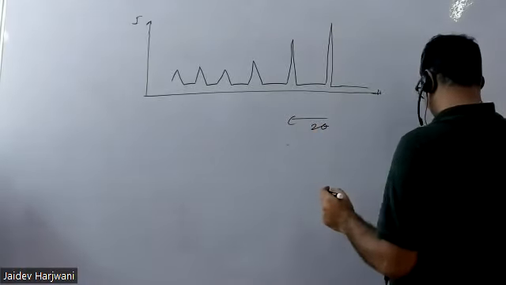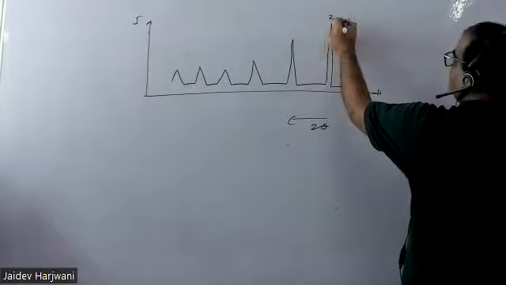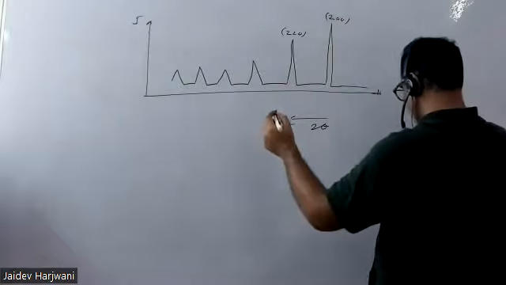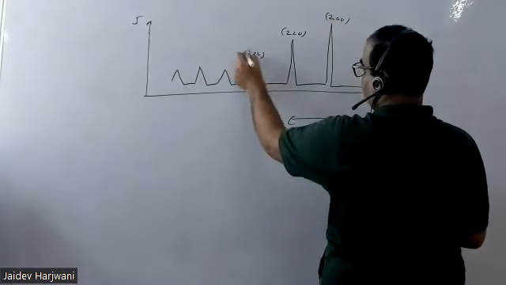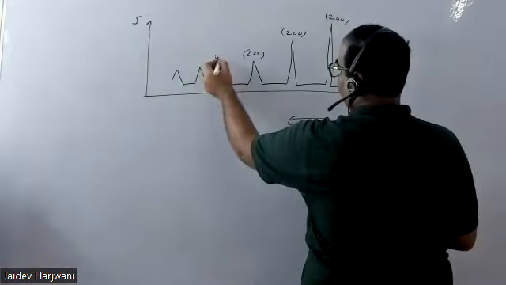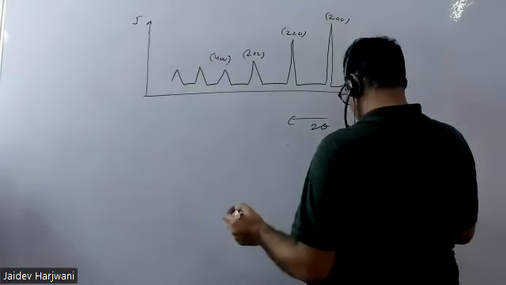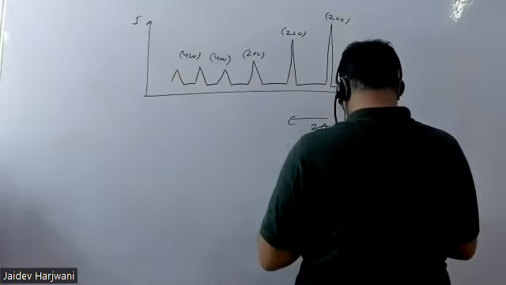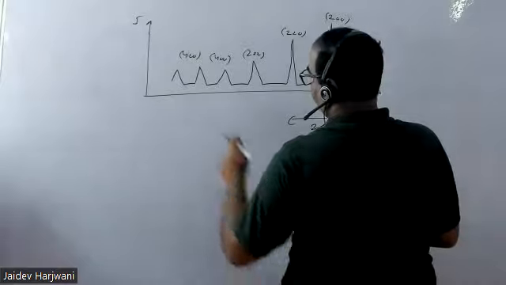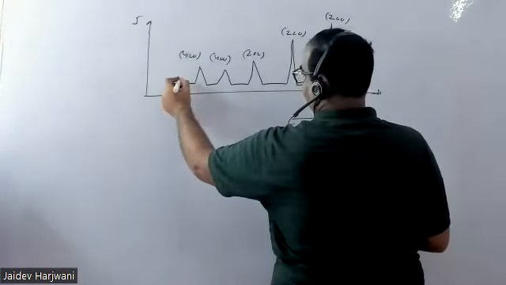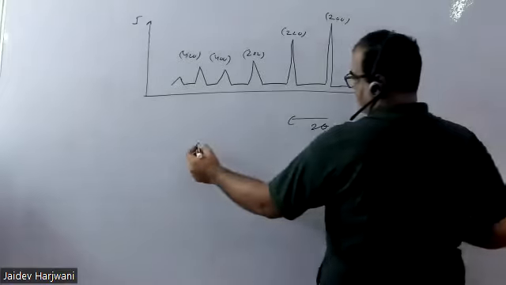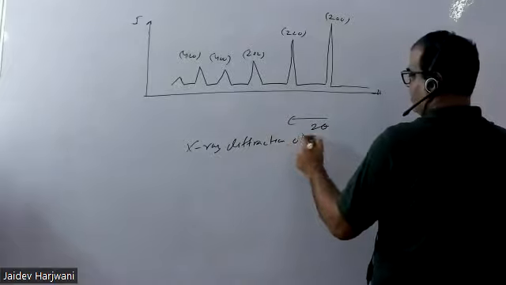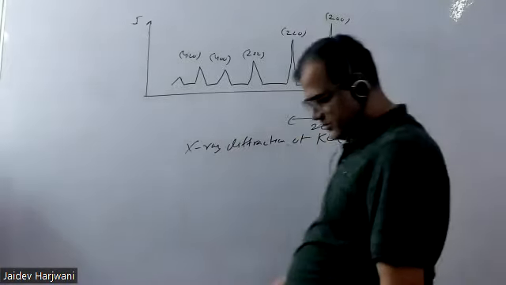The first peak for KCl is 200. Second is 220. Then you have 222, and then you have 400. Then you have 420. So this is the X-ray diffraction of KCl.